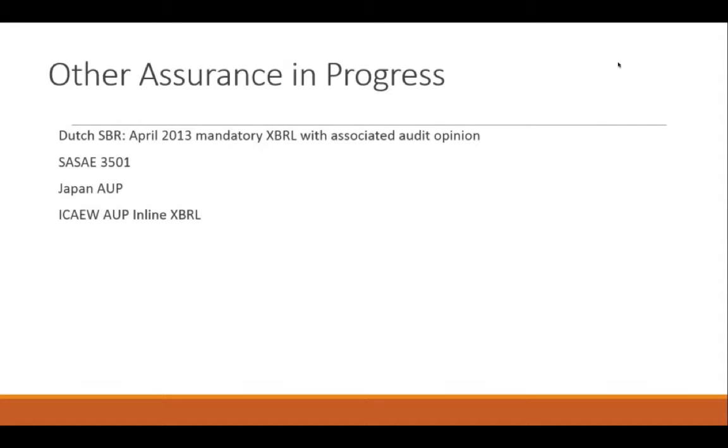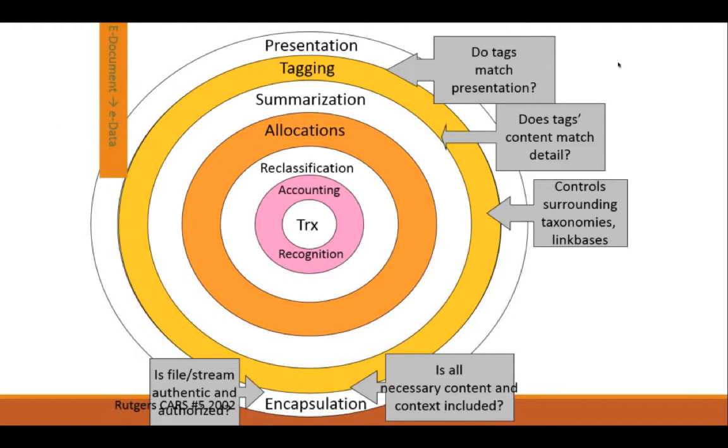There are other kinds of assurances still in progress, like in the Netherlands and in Japan, also to provide assurance on inline XBRL.